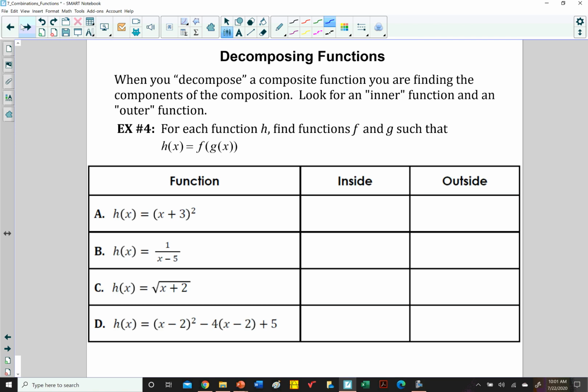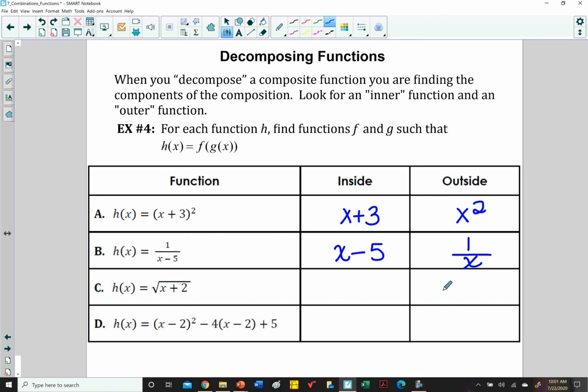Another skill that we need when we move on to calculus is to be able to look at a function and say, oh, I could tear that function apart. I've got an inside function that's x plus 3, and it got substituted into an outside function that was x squared. Personally, I see the outside function first, like this is 1 over something, and then I substituted, in place of that x, x minus 5.